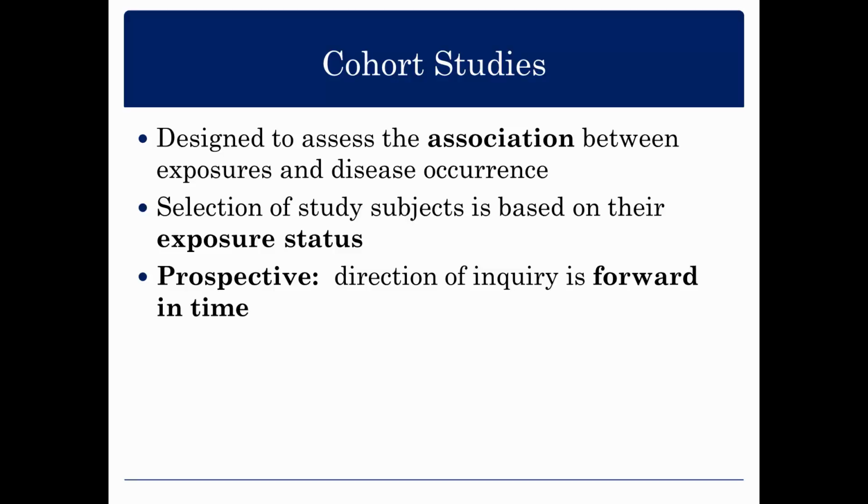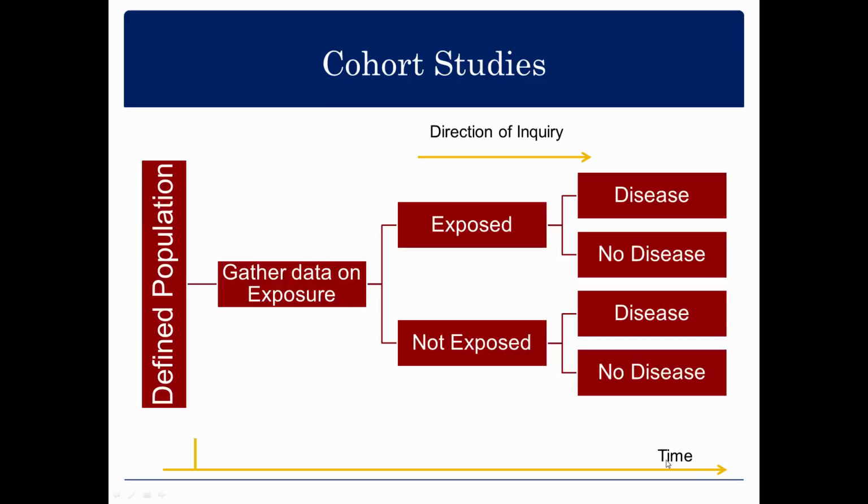So your study subjects are selected based on whether or not they have a risky behavior or an exposure status, and then you follow them in time to see whether or not they end up having the condition of interest. This is what's called a prospective study. So again, if you remember from a few slides back, time was up here and we looked backward. Well, now time is back here and we look forward for cohort studies.